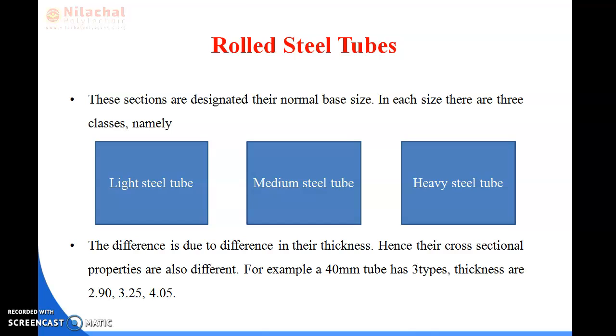For example, if we take a steel tube of 4 mm, that means the 4 mm steel tube base size is subdivided into 3 types of classes, based on the thickness, like 2.90 mm, 3.25 mm and 4.05 mm. So all the base sizes are subdivided into 3 types of classes, and these classes are different from each other.